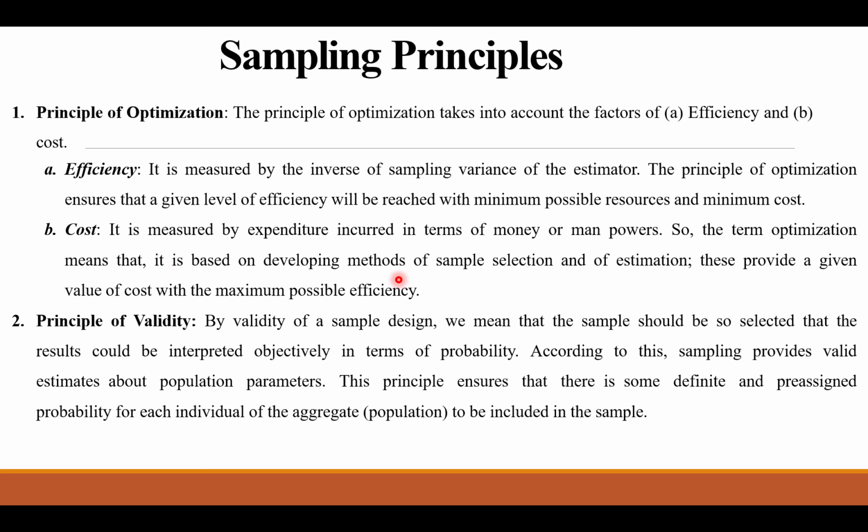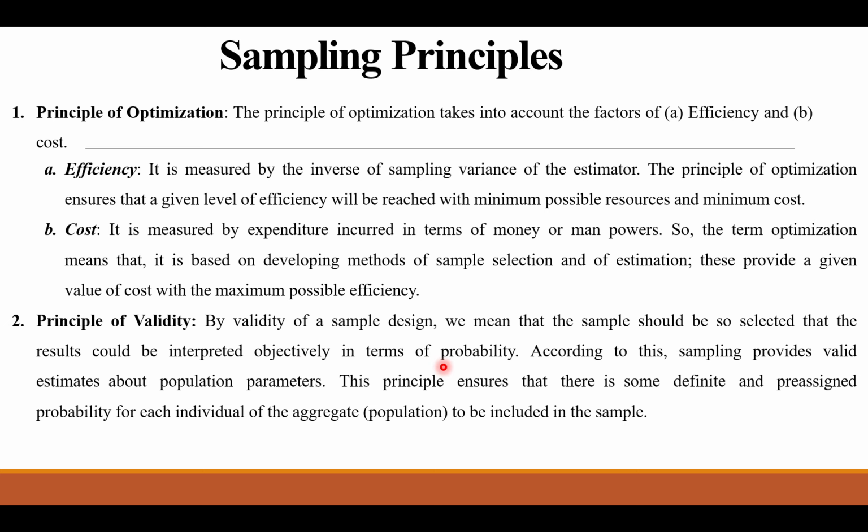And cost is measured by expenditure incurred in terms of money or manpower. So the term optimization means that it is based on developing methods of sample selection and of estimation.